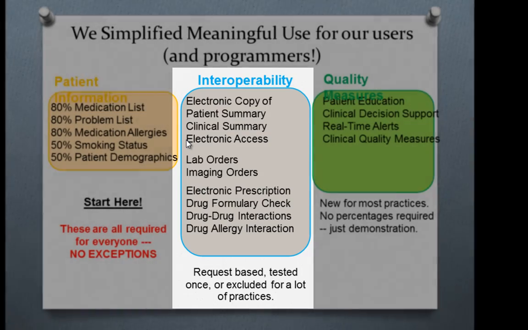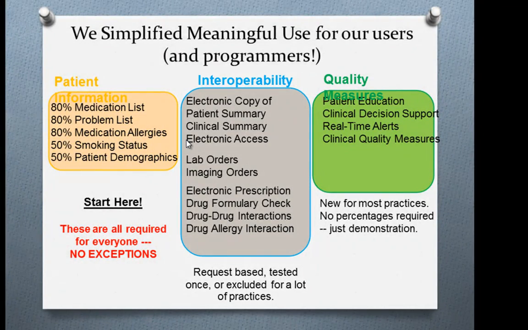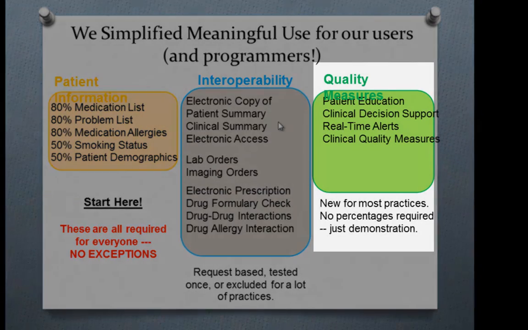You can process lab orders, imaging orders, write electronic prescriptions that then do drug formulary checks, and even give you drug and drug allergy checks in real time to help you increase the quality of service you're providing for your patients. Which also leads us into the third area, which is the quality measures.